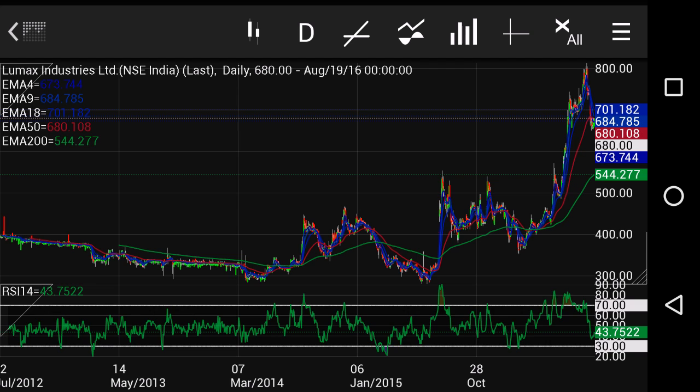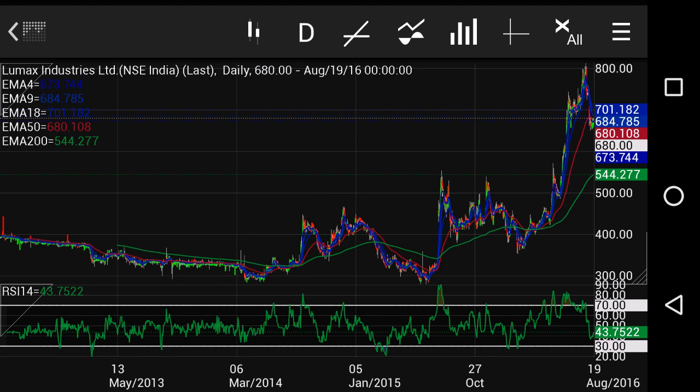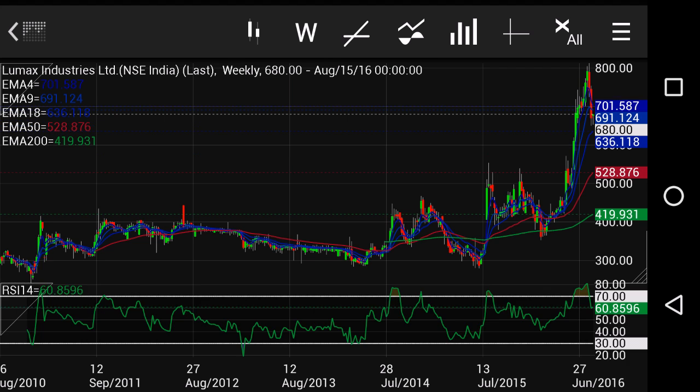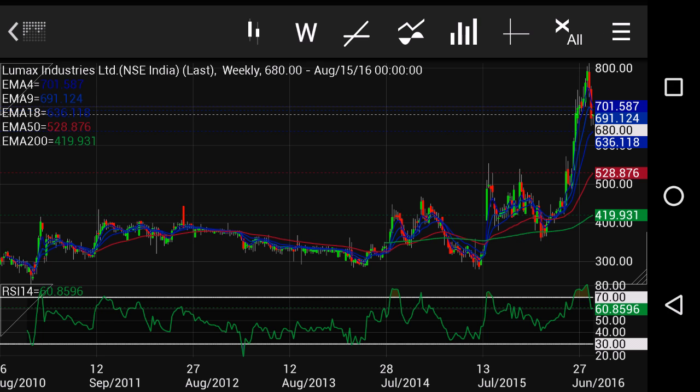This was my favorite stock. This stock also was making 52-week highs along with the market, and on a longer term chart, it had a good breakout.